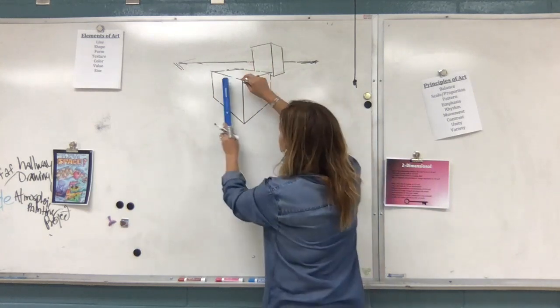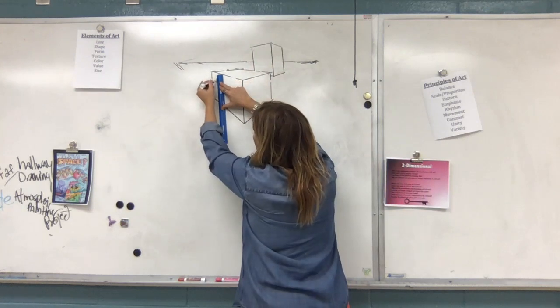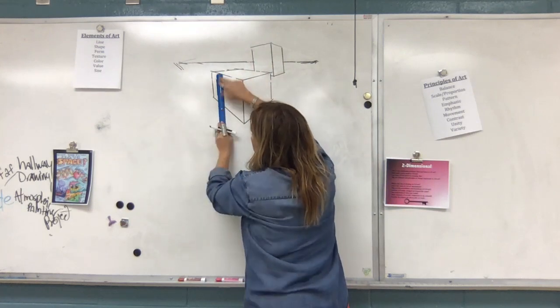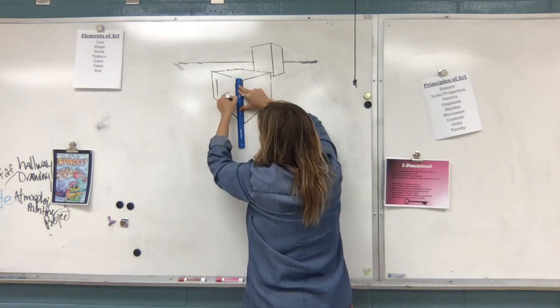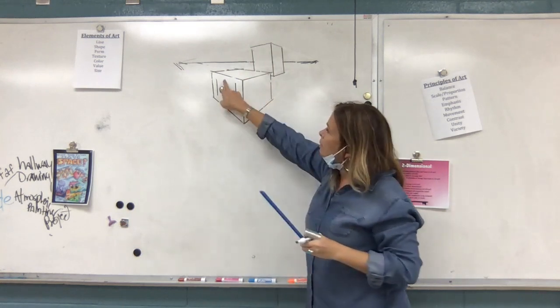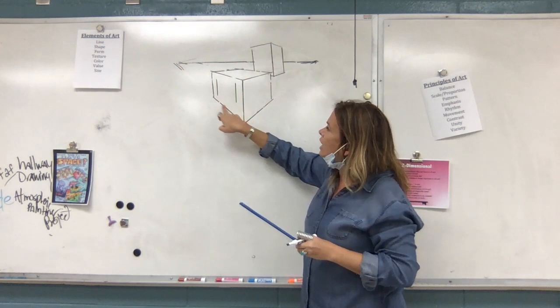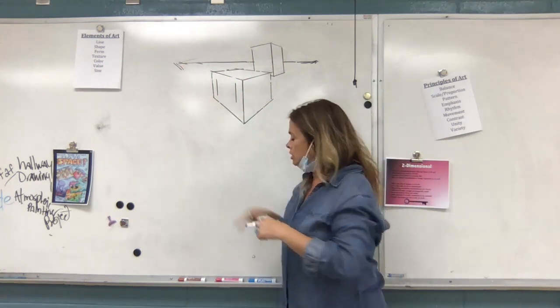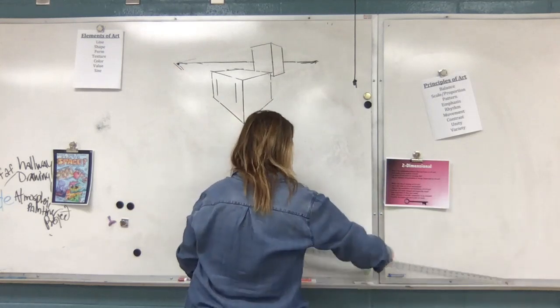Let's say I want a window right here, a big window. I'm gonna do a vertical line, and I'm gonna do a vertical line. Now, the top and the bottom of those windows, the lines line up to the vanishing point. So remember, here's my vanishing point over here that I've erased.